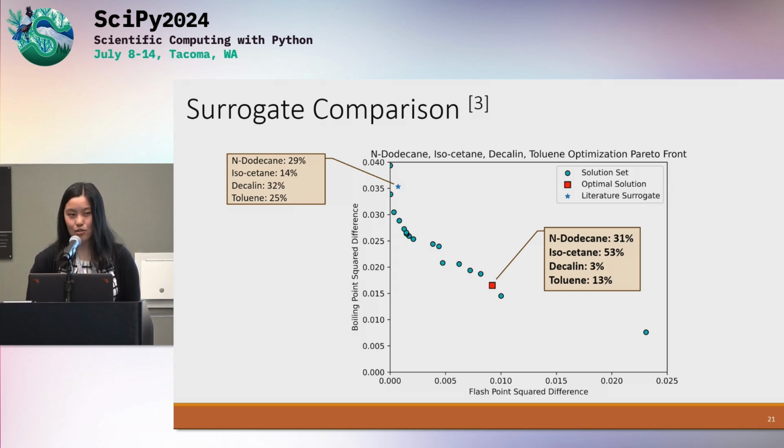However, our optimization only considers boiling point and flash point, whereas the literature surrogate is more comprehensive. So that is what likely accounts for the differences between the two. Nevertheless, this is a positive indication that our tool behaves as intended, which is very exciting.